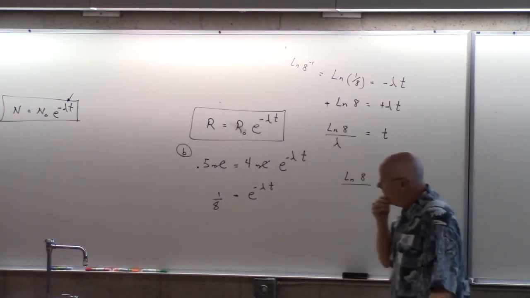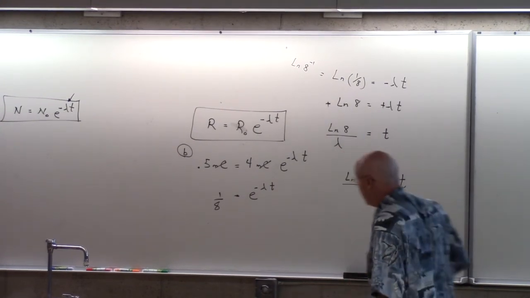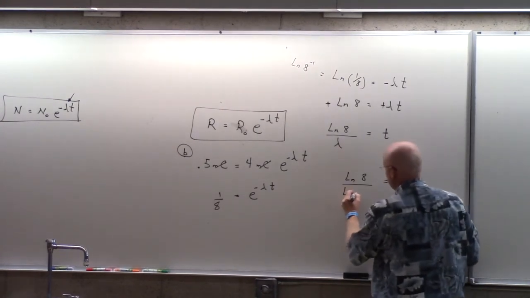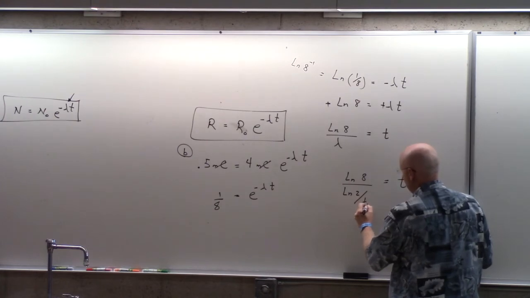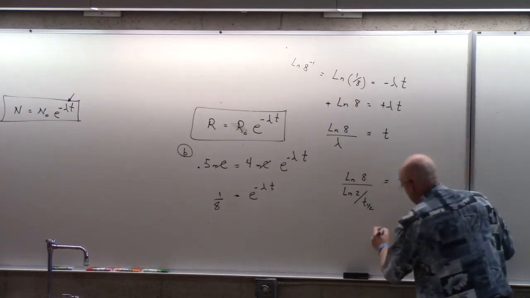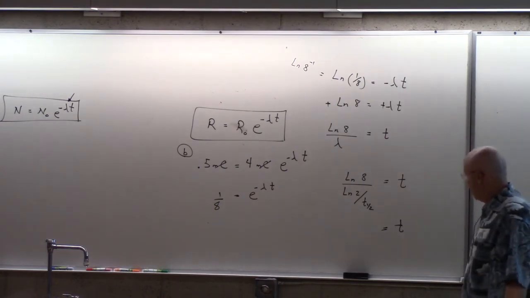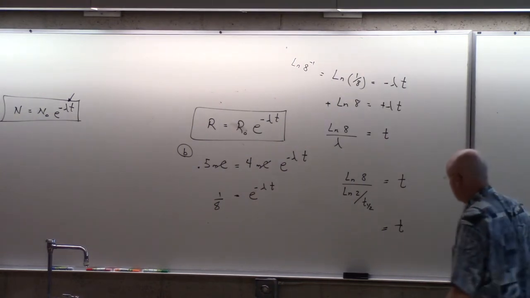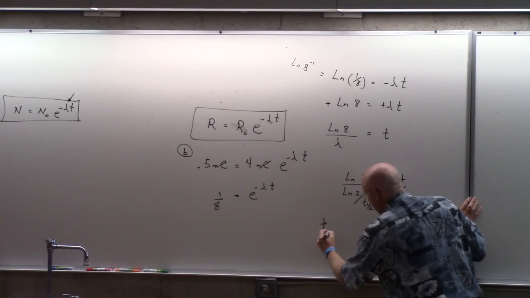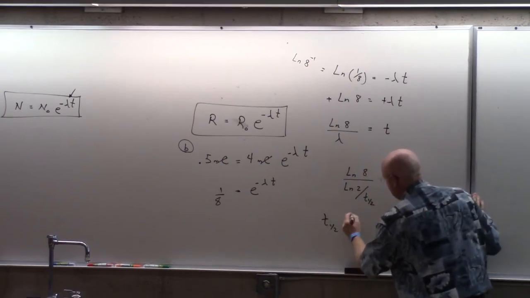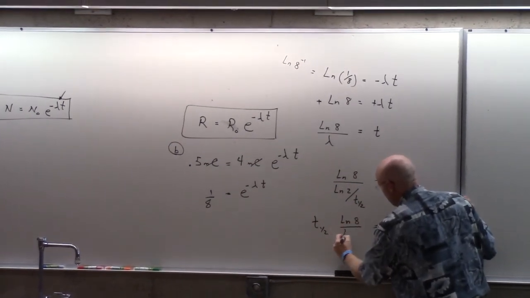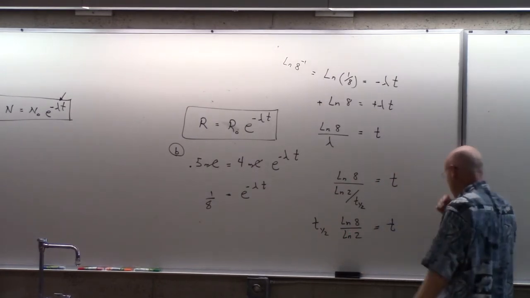And then for lambda, I'm going to put natural log of 2 over the half-life. And then fortunately, they made my life kind of nice here, because then this would be a half-life times a natural log of 8 over a natural log of 2.